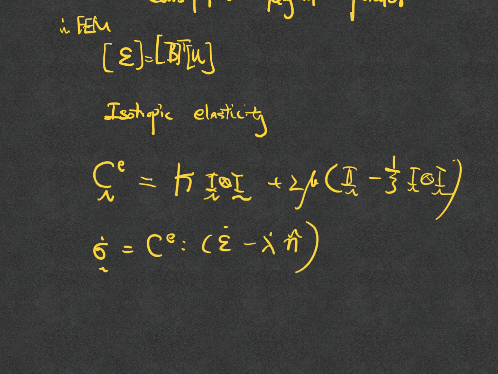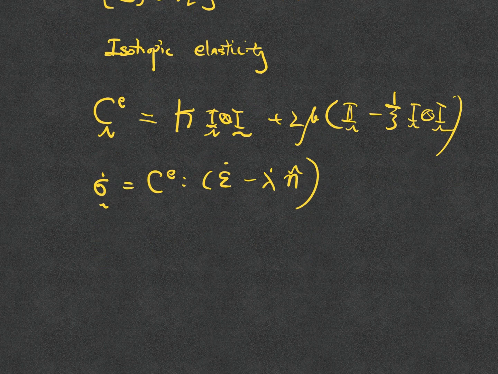Okay, now, but here we want to do something different. What we actually want is CEP, the elastoplastic tensor, double dot epsilon dot. Okay, so I want to somehow re-express this and this such that I can actually write something like this.